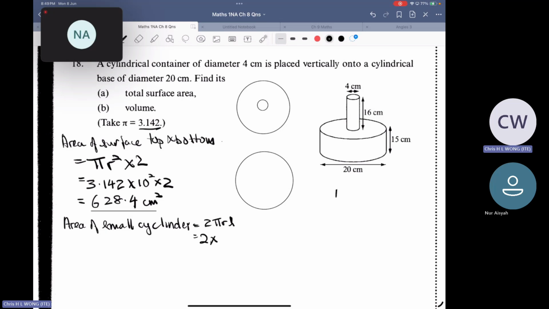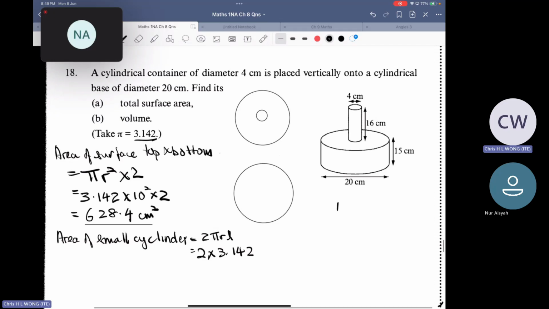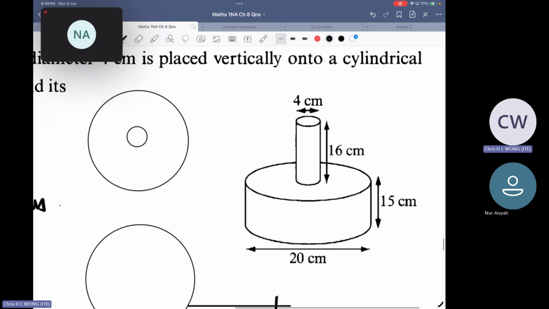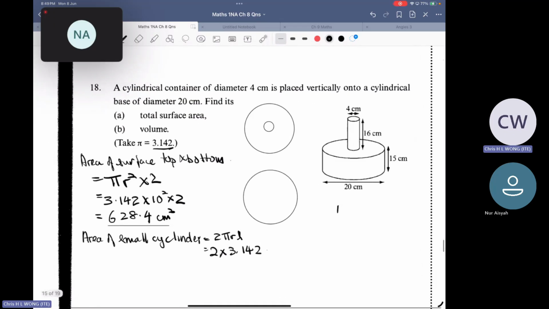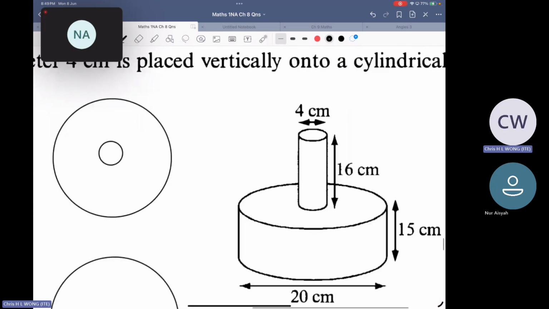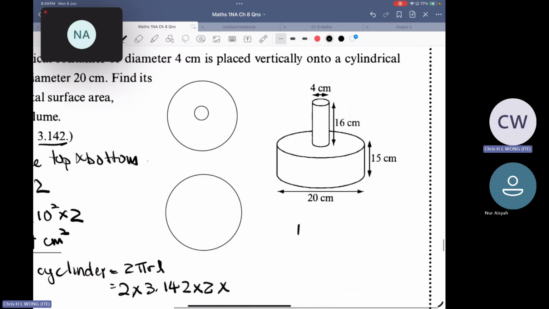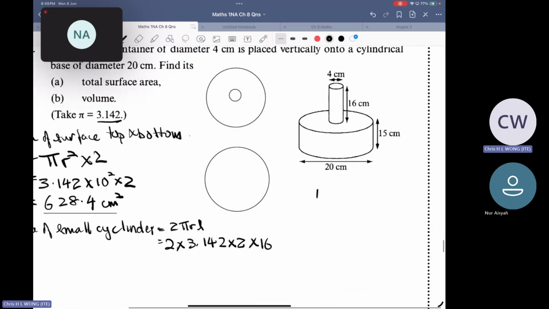It equals 2 times 3.142. What's the radius of the small cylinder? 2 times 2. What's the length? 16. This one. 2 pi r times 16. You get the surface area, isn't it?